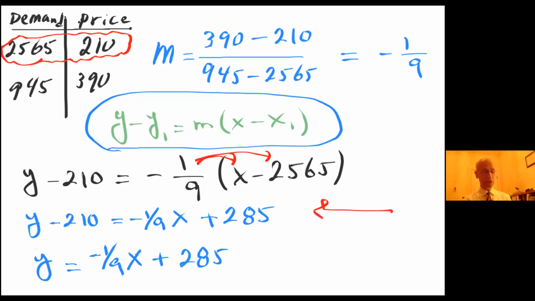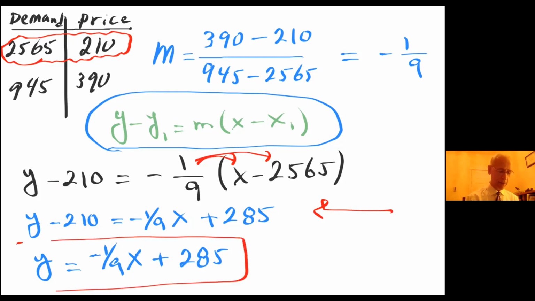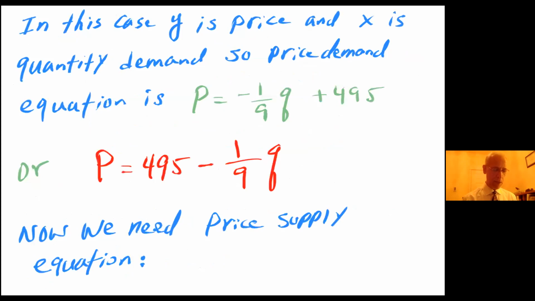And finally, adding 210 to both sides of this equation, I get y equals -1/9 of x plus 495. Remember, in this case, y is the price, and x is the quantity demand, according to the table that we made. So the price-demand equation is P equals -1/9 of Q plus 495.